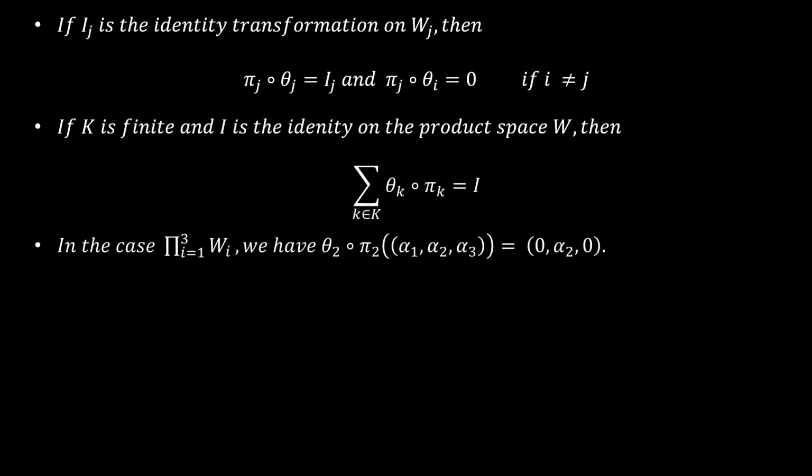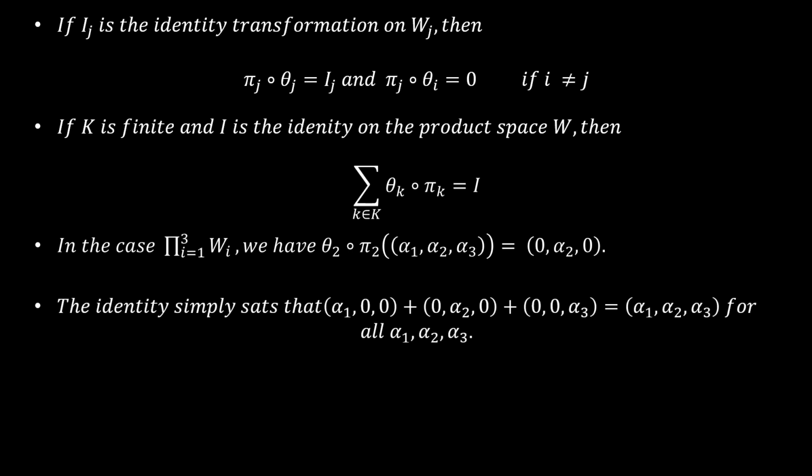In the case where we have a Cartesian product of three vector spaces, and we have theta 2 and pi 2, pi 2 extracts alpha 2 here, and then theta 2 injects the alpha 2 into the Cartesian product space, with the other parts being equal to 0.